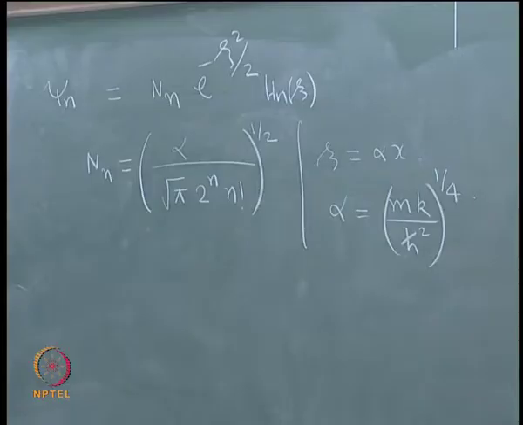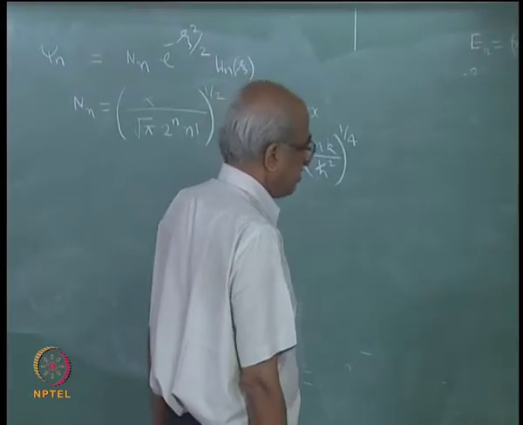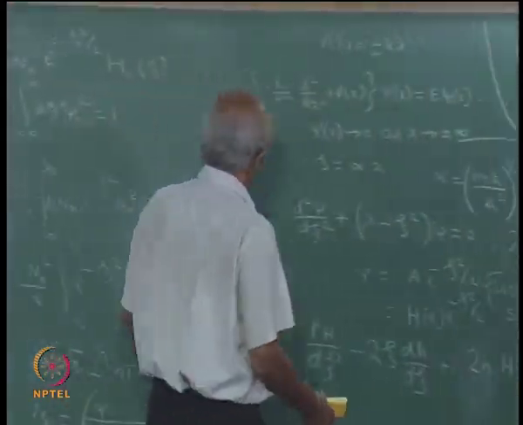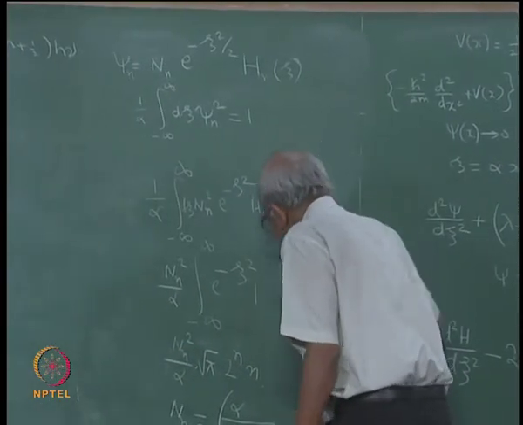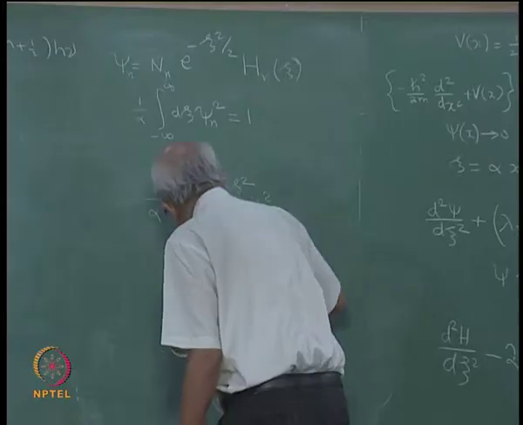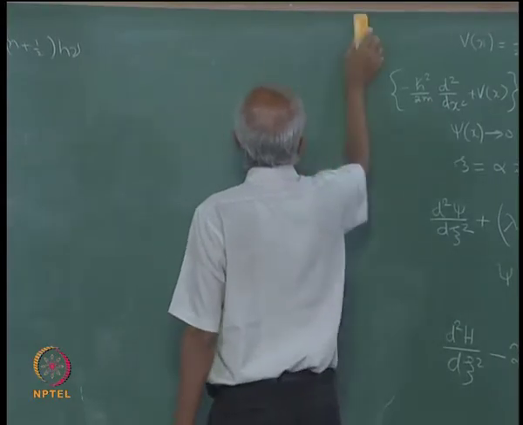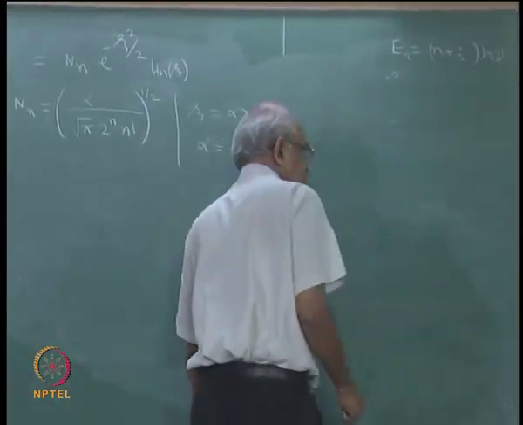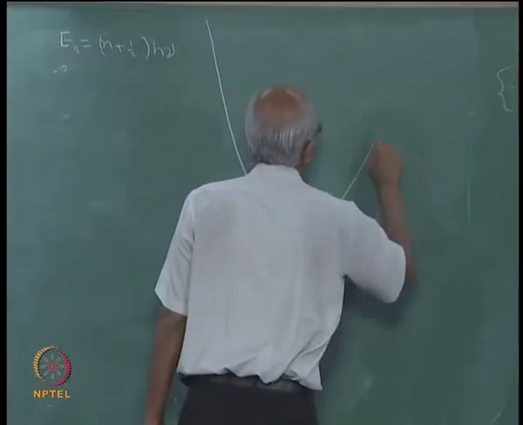And then, it's not just enough to solve the equation, we have to look at the different possible levels of the system. Let us look at that. This is the potential energy of the harmonic oscillator.